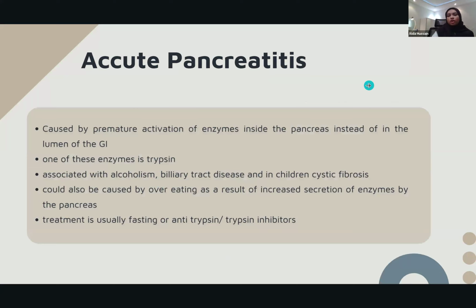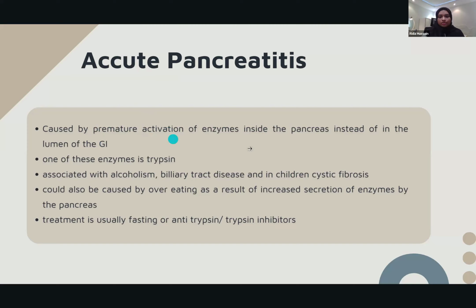Now we will be dealing with the complications of more protein related pathologies. So one of these is acute pancreatitis. Itis is inflammation, so this would be inflammation of the pancreas itself. And why this occurs is basically the enzymes activate prematurely. They activate in the pancreas instead of inside the intestine, and this eats away at the pancreas.